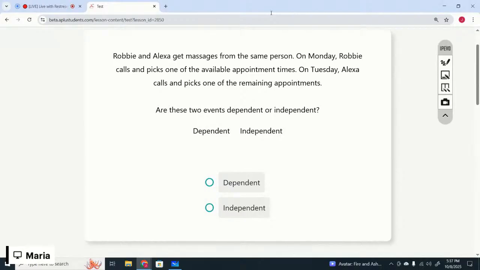Ruby and Alexa get messages from the same person on Monday. Ruby calls and picks one of the available appointment times. On Tuesday, Alexa calls and picks one of the remaining appointments. Are these two events dependent or independent? So, which is the correct option?